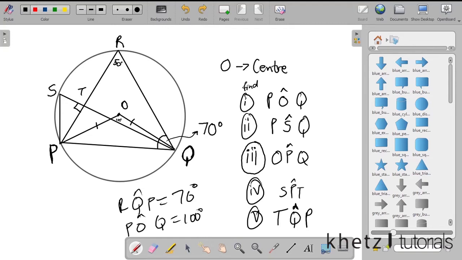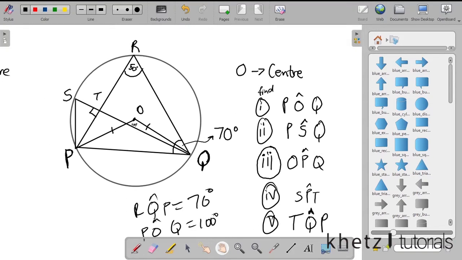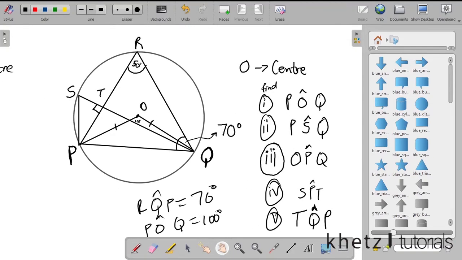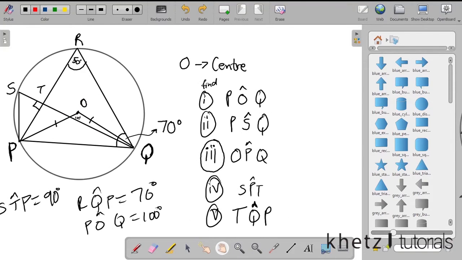It's 100 degrees, and we're also given 50 at the top at R, which is quite visible. And we're also given 90 degrees at STP. It's equal to 90 degrees. Okay, so you can now start, and we're told that O is the center, and O is over here. We can now start finding the values of these.